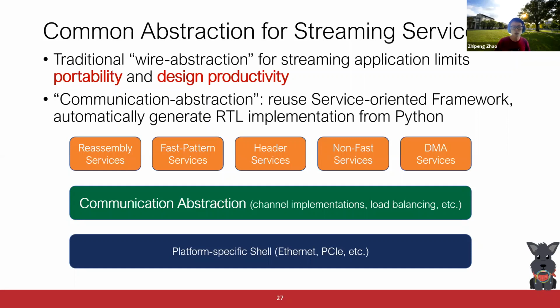And to get the efficiency out of this abstraction, at compile time, we reuse a service-oriented framework. This framework allows us to automatically generate the RTL implementation from the Python level.